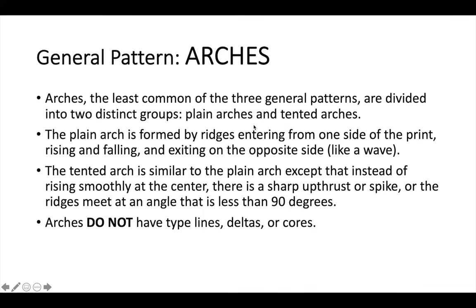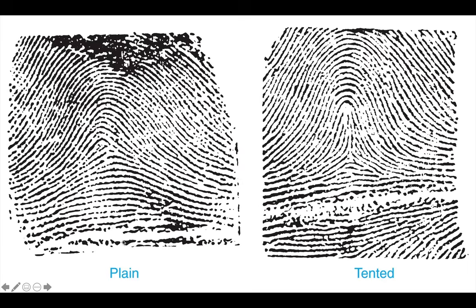What else do we know about arches? We know that they have no deltas and no typelines. So if you remember, with loops, we only have one delta. Loops have only one delta. With arches, they have zero deltas.